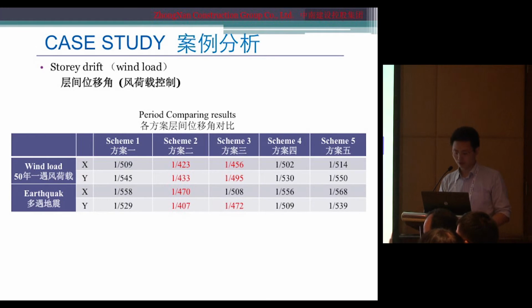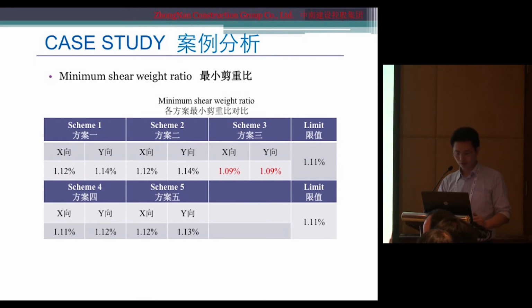And this is the comparison of results under wind load and earthquake. And this is the result of the comparison of shear weight ratio. We can see scheme number 3 didn't meet the requirement.